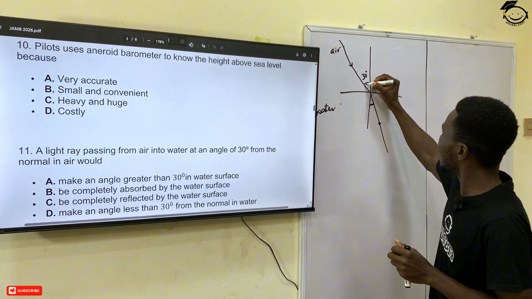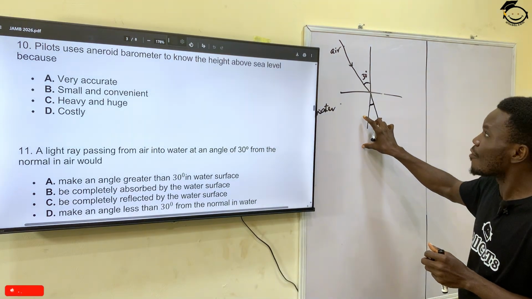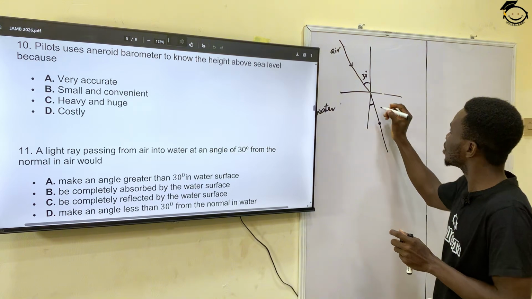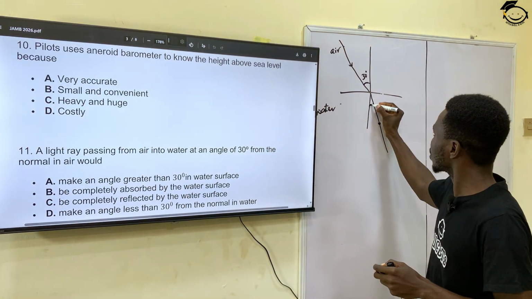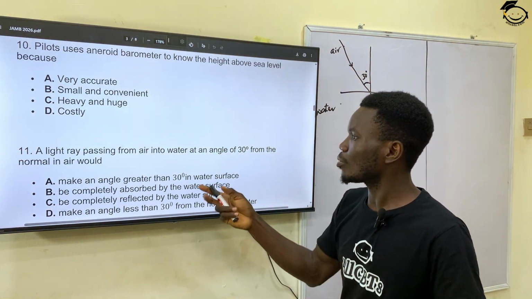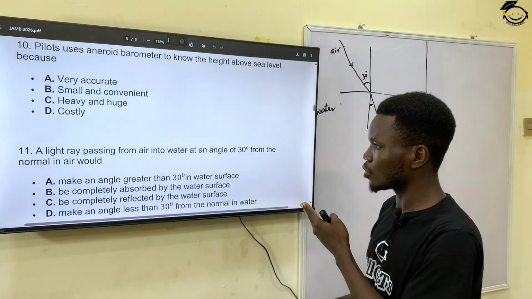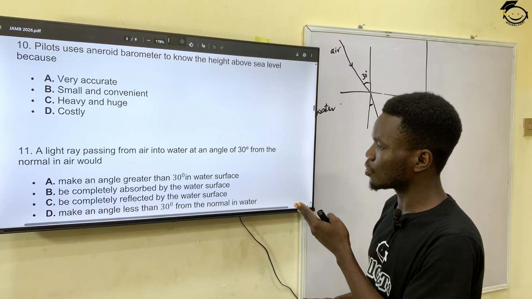So instead of it being as large as 30 degrees, because it has traveled from one medium to another, from a less dense medium to a denser medium, it is going to be reduced. So there will be reduction in the angle, such that, if you look at our options here, option A says it makes an angle greater than 30 in the water surface, which is wrong. B says it will be completely absorbed by the water surface, which is wrong.